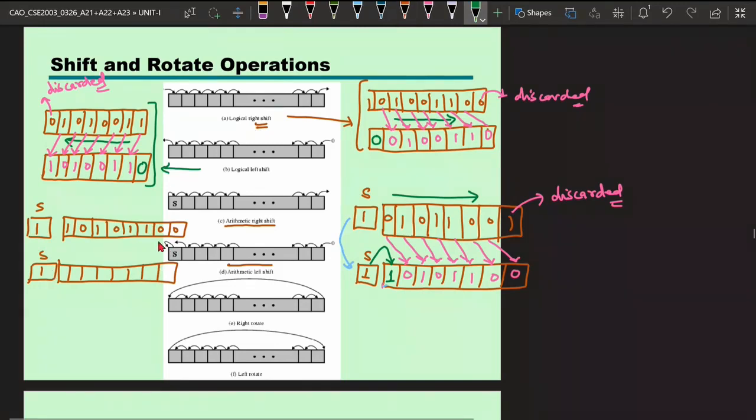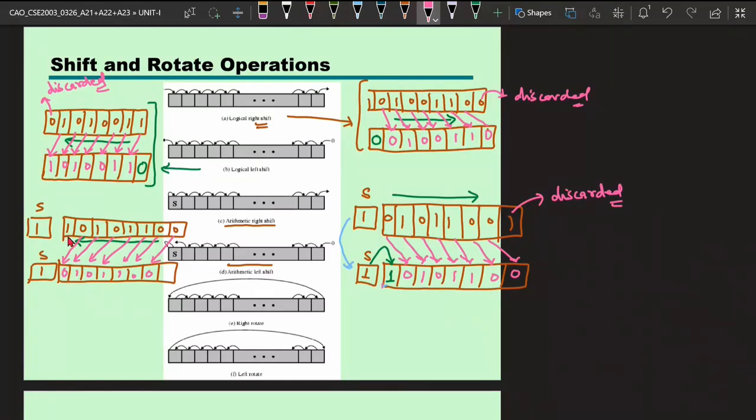So it is arithmetic left shift. For arithmetic left shift, we will be shifting the data to the left side. So this one will be shifted to this location, 0. This is 0. This is 1. This is 1. This is 0. This is 1 and this is 0. Okay, so this is how it should be taking place.